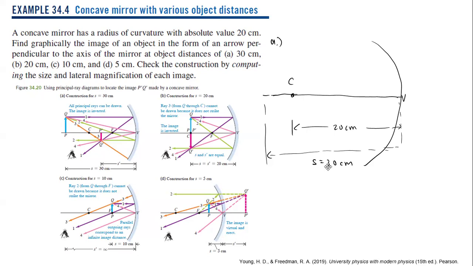So if we locate the image here, for example, we have 1 over s plus 1 over s prime equals 2 over R, where the radius of curvature is 20 centimeter. And our s, our object, is 30 centimeter. So from the calculation, s prime must be 15 centimeter.